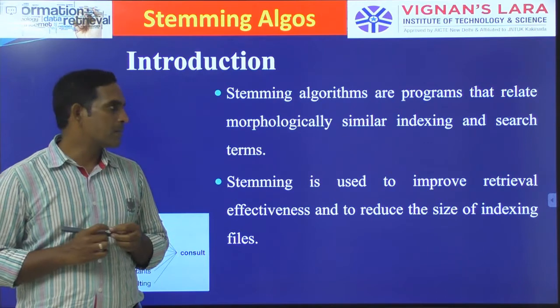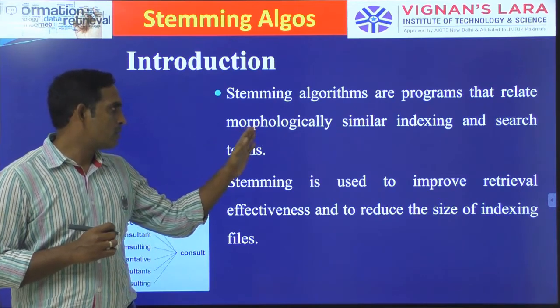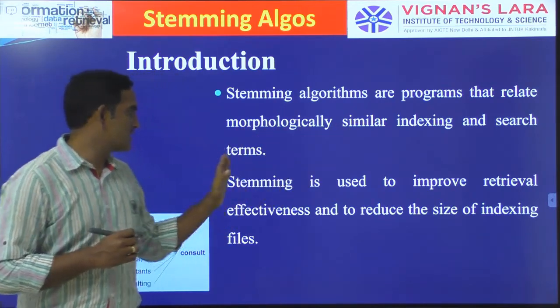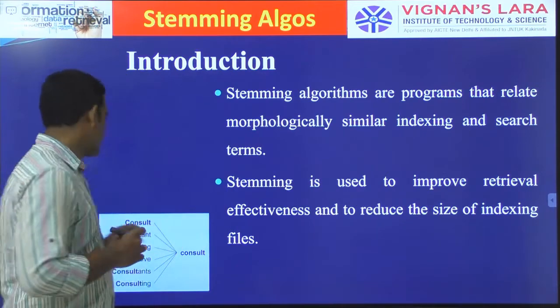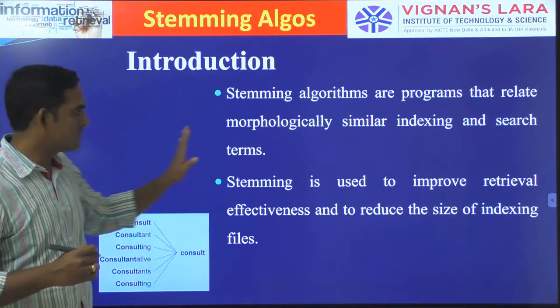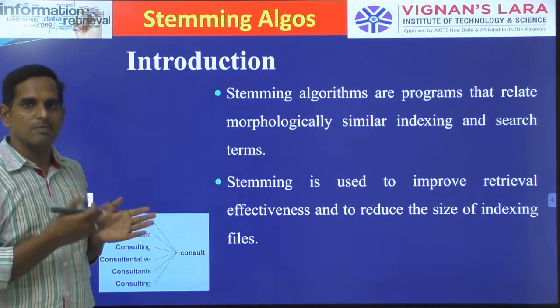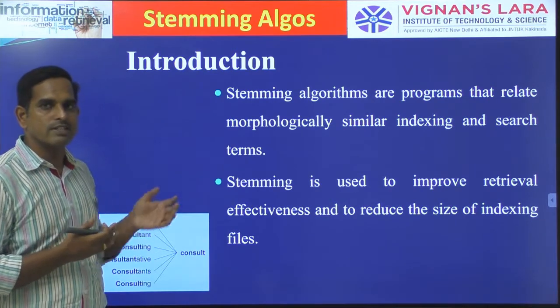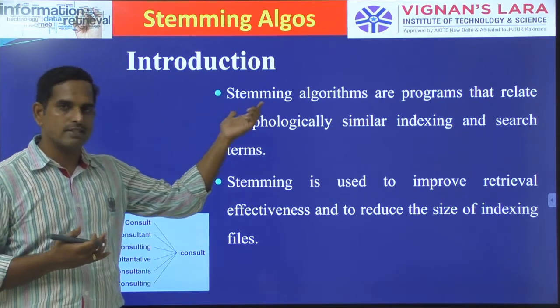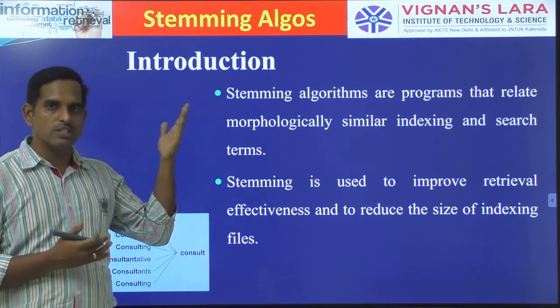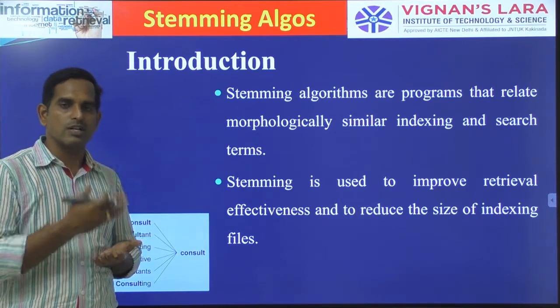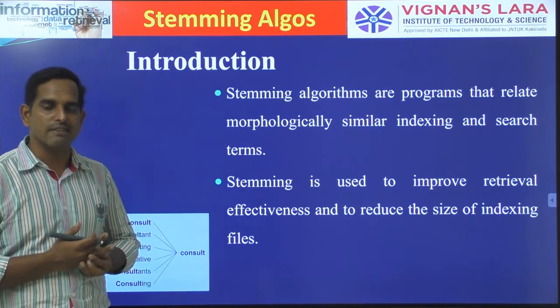Stemming algorithms are programs that relate morphologically similar indexing and searching terms. So whenever you have similar terms in your information retrieval system, we can perform stemming. We already looked at this in the initial stages while constructing information retrieval systems.